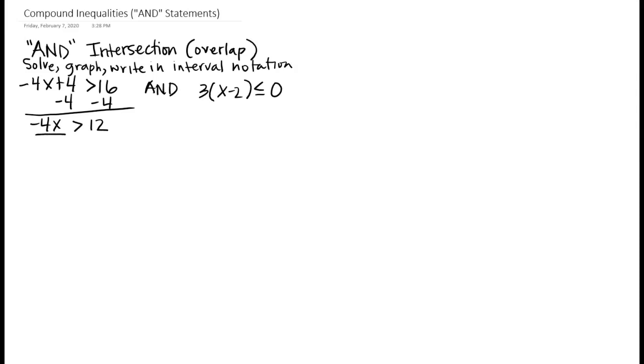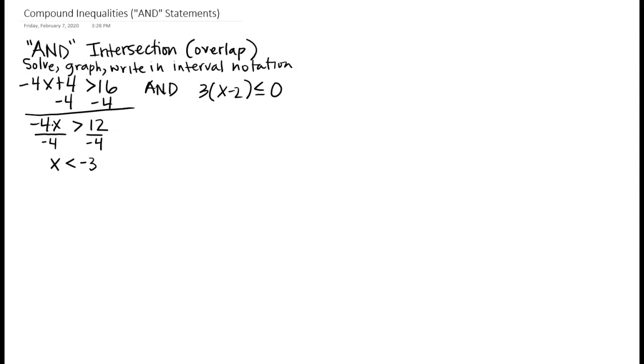Then to get x by itself here, it's connected by multiplication, so we need to divide both sides by negative 4. But if we multiply or divide by a negative number with inequalities, it flips that inequality sign the other direction. So that's one of the things you've got to keep in mind with inequalities, something different about them than with the equations.